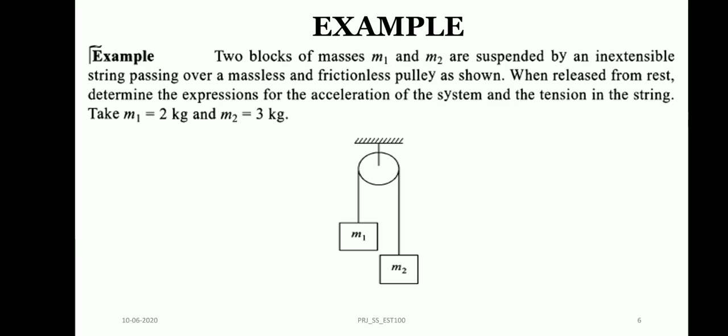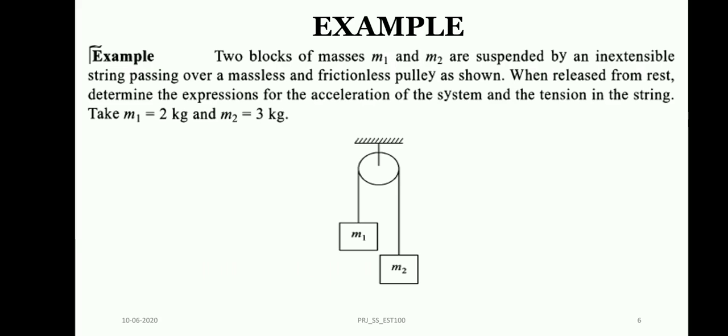Massless and frictionless pulley means that the tension in the string is the same throughout, taken as T. Then, when released from rest, determine the expressions for the acceleration of the system and the tension in the string.